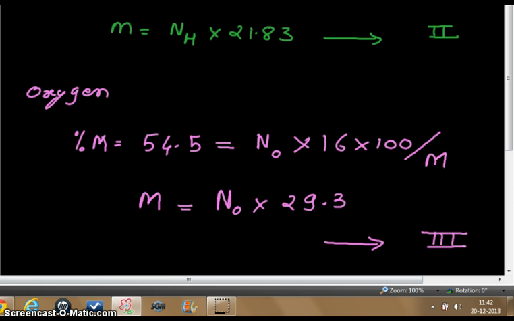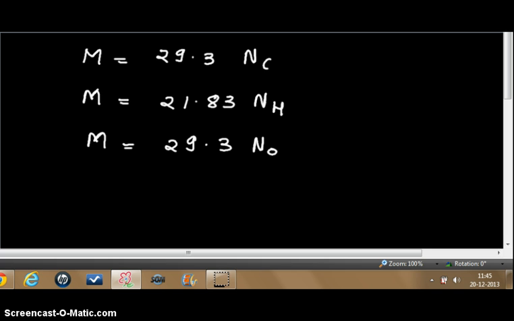Now we shall use equations number 1, 2 and 3 to find the ratio of atoms of carbon, hydrogen and oxygen. If we rewrite all these three equations, we have M is equal to 29.3 number of carbon atoms, then 21.83 number of hydrogen atoms, and number of oxygen atoms 29.3.